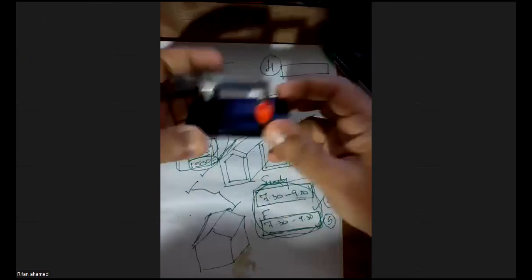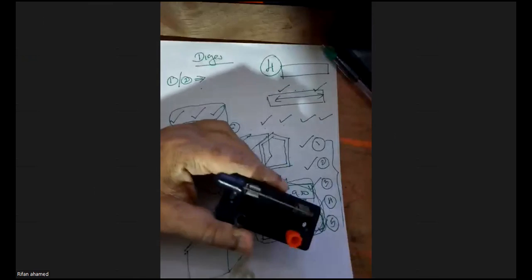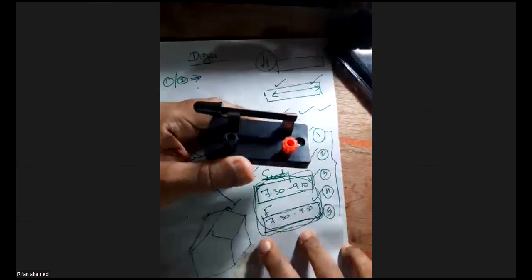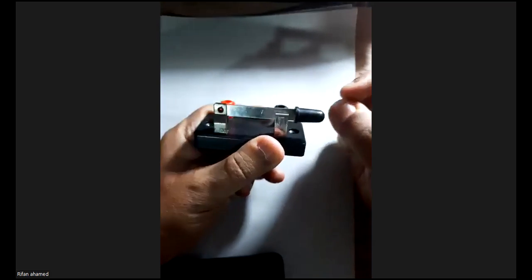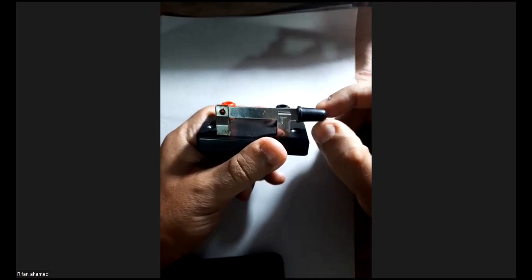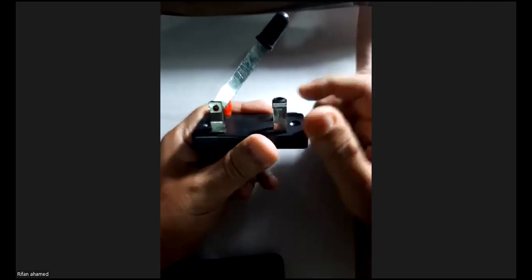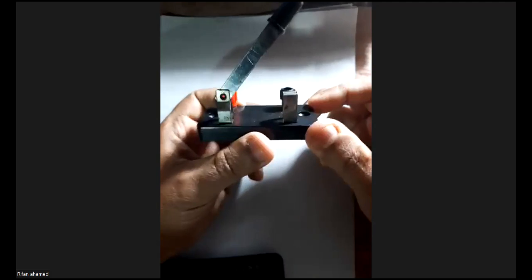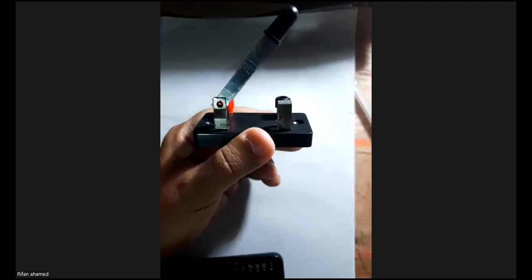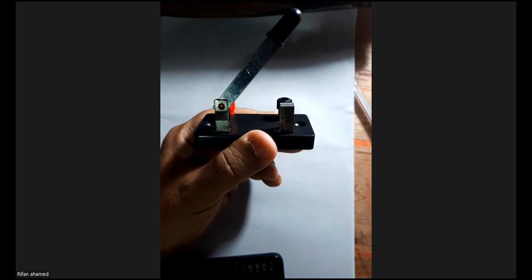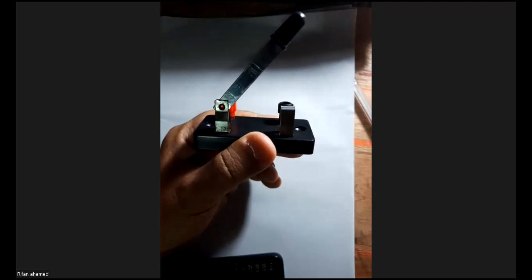In the circuit, this kind of a switch is there, correct? If you move this lever up, this is called an open switch.